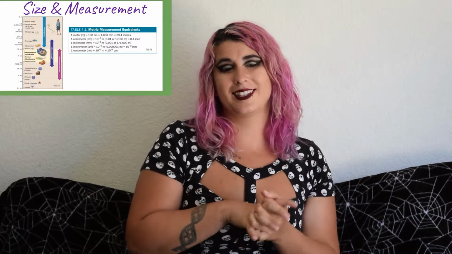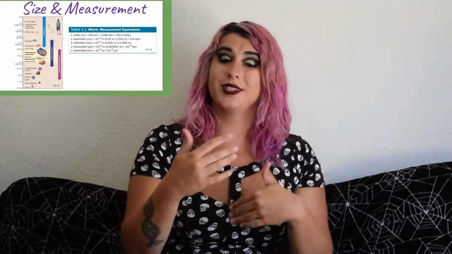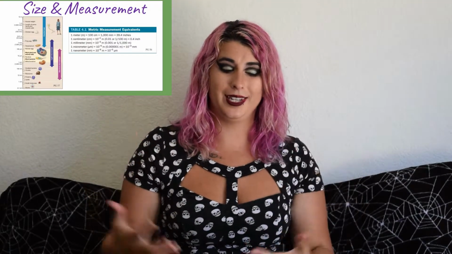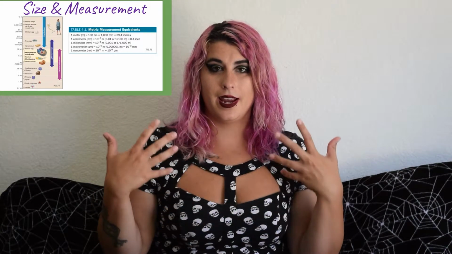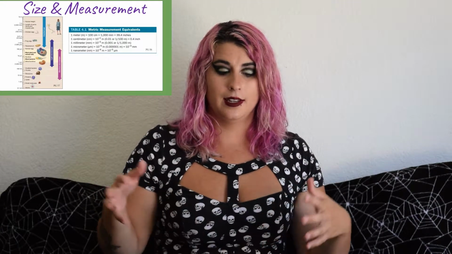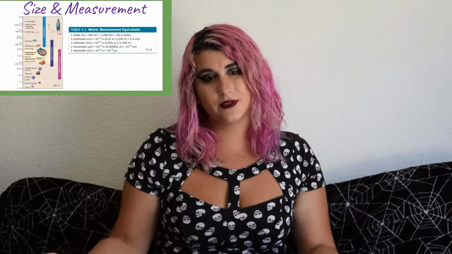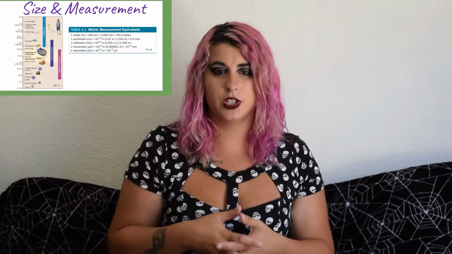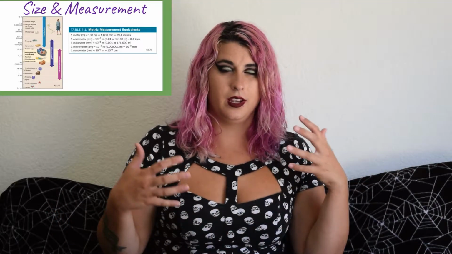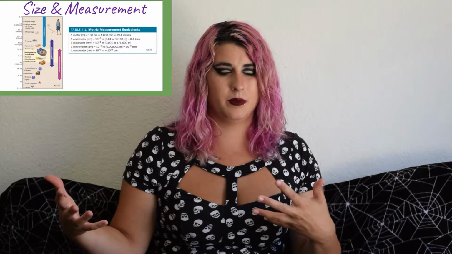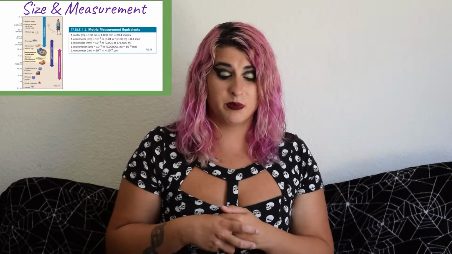But if we look at this size chart that kind of shows the scale of everything and the reason we need microscopes, even though with the unaided eye, we can kind of see a paramecium, which is a microorganism, but it's not going to be detailed, obviously. It's very small.